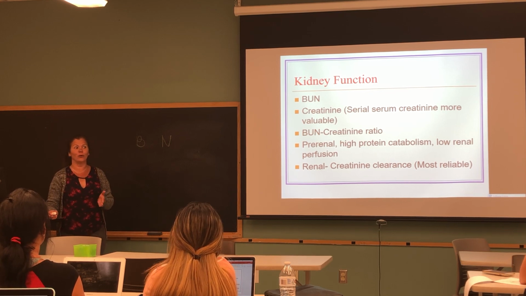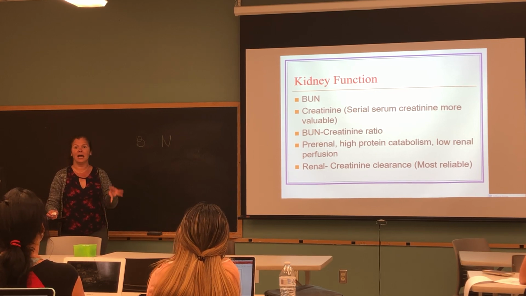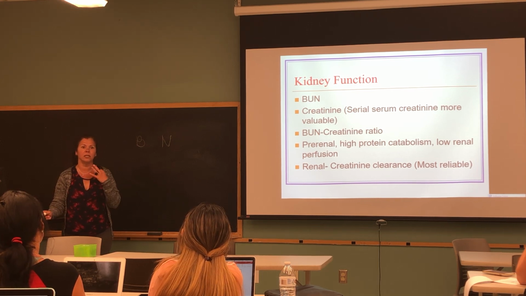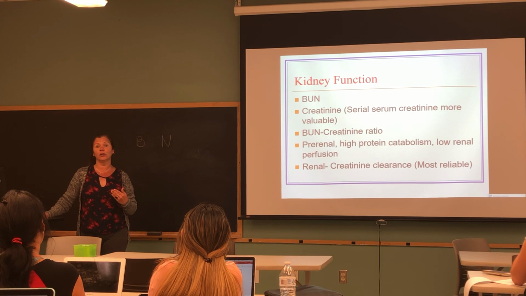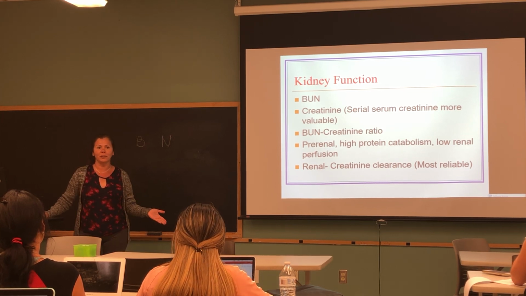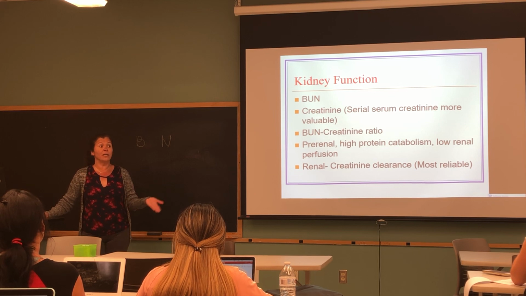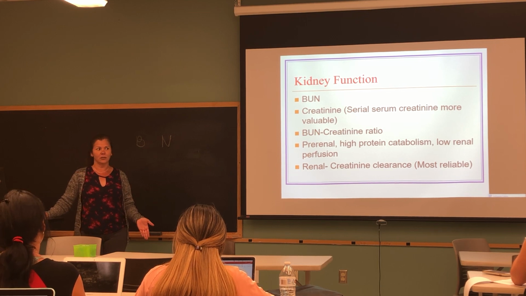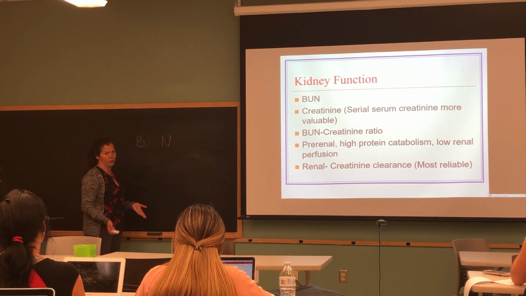So dehydration, anemia, patients that have hemorrhage, anything that affects blood, and that could include cardiovascular conditions that affect cardiac output, could elevate BUN. And if you have the contrary, which is the volume overload state, patients would have low BUN. So that's the reason why BUN is not accurate.